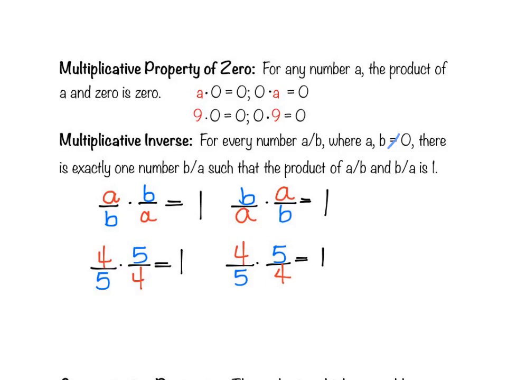So every fraction has a multiplicative inverse. Every fraction has a reciprocal. And when you multiply reciprocals, your product is always equal to 1. That is the multiplicative inverse property.